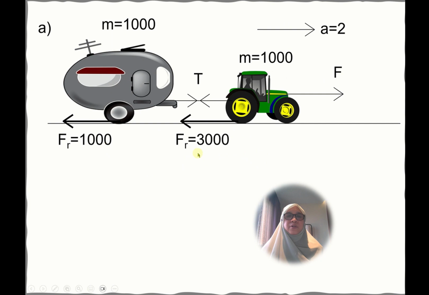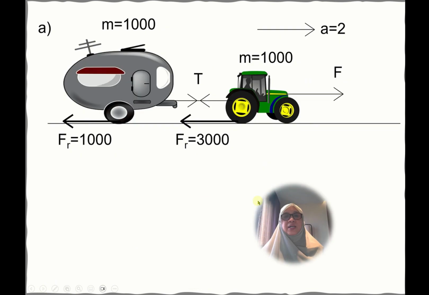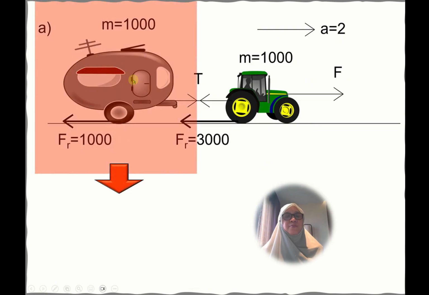Okay, 3000, total 4000 friction. Okay, so acceleration is given 2 meter per second squared. So initially they move with the acceleration 2 meter per second squared. Okay, look back here. So initially the acceleration of both the tractor and the trailer is 2 meter per second squared. Okay, so now we draw the free body diagram for the trailer first.